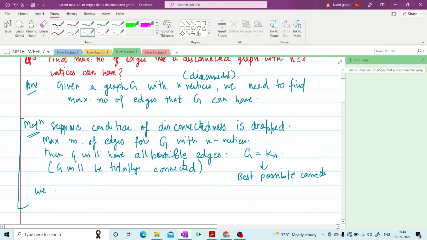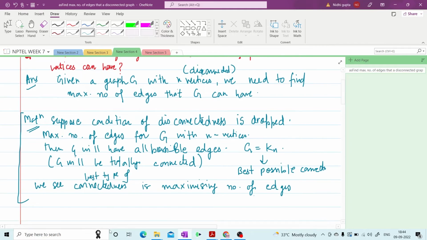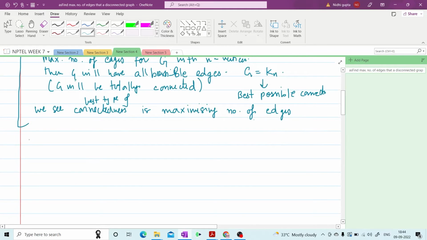So we see that the best type of connectedness is maximizing the number of edges. Now we want to maximize edges for a non-connected graph.